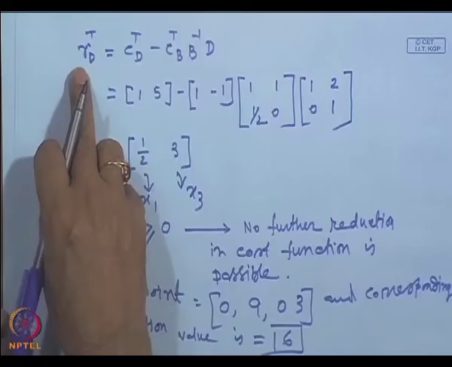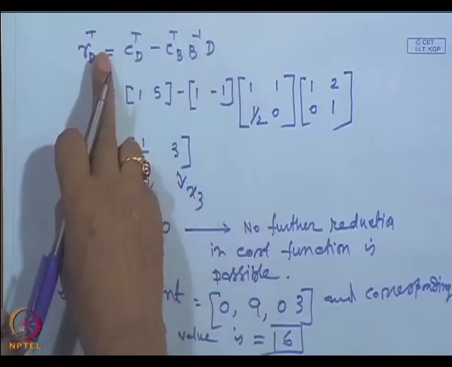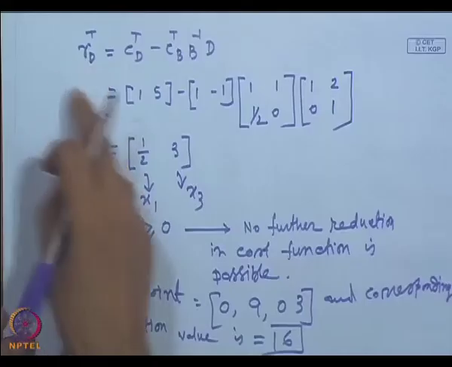So, basically first you have to identify the basic variables and non-basic variables, then you compute the new solution or vertex. Once you find the vertex, then you compute the value of the objective function, and check whether further iteration is required or not by computing R D transpose. Once you identify B, D, C B, C D, then you can compute that.